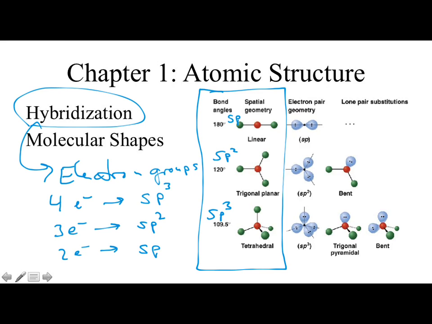In the case of the trigonal planar, we end up not hybridizing a p orbital. That p orbital is what's used to make our pi bond or our double bonds, or triple bonds for that matter, when we move up into our alkenes, alkynes, and our carbonyls. Okay?